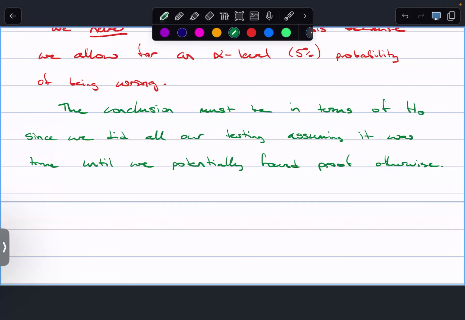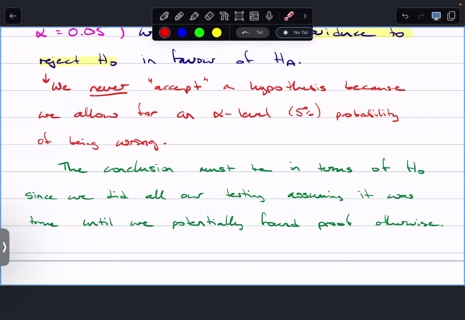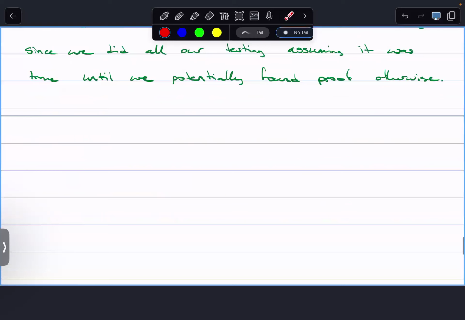Okay, so there are a couple of notes, and these are all important to keep in mind when you're writing up your conclusion. In fact, I just want to show you the only two versions of the conclusion that I ever want to see.